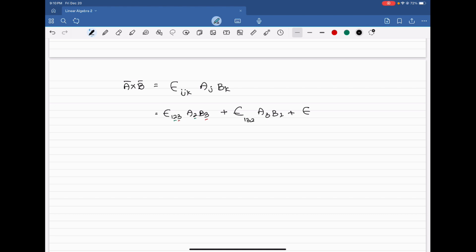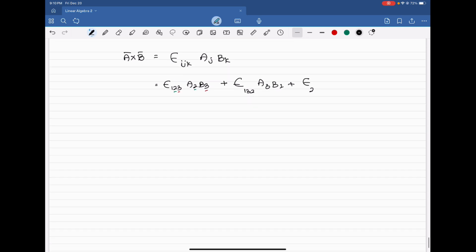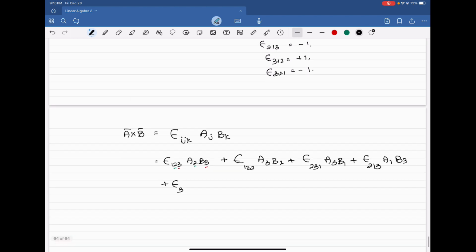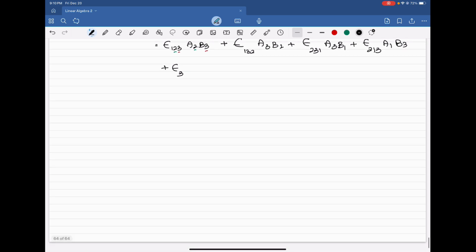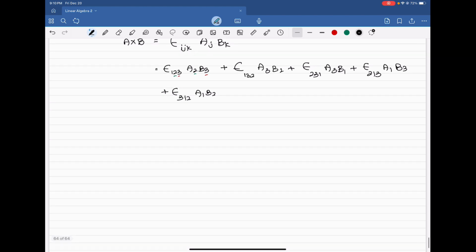Plus epsilon 2, 3, 1 into A3, B1, plus epsilon 2, 1, 3, A1, B3, plus epsilon 3, 1, 2 into A1, B2, plus epsilon 3, 2, 1, A2, B1.